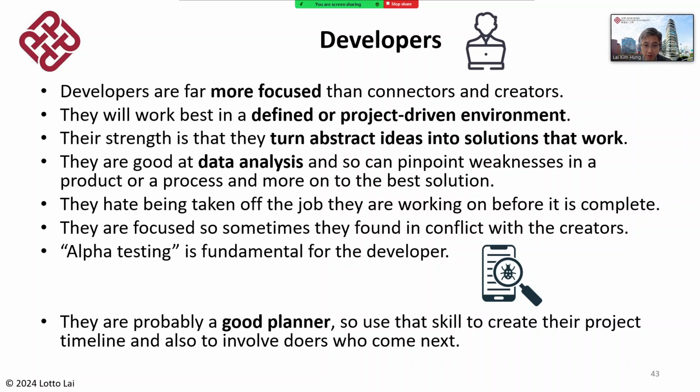They are focused, and something they find in conflict with the creator. Alpha test is a foundation for the developer, and they are probably a good planner with the skill to create their project timeline, have milestones, and also to involve the doer who is coming next.